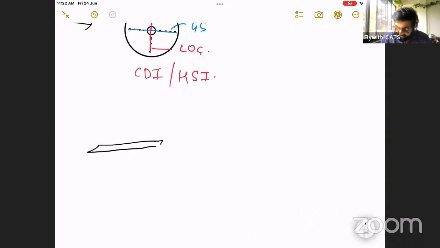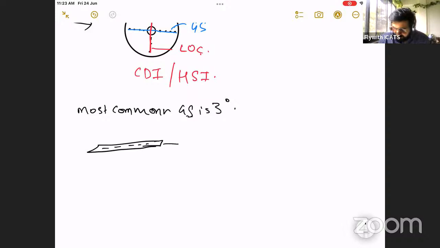If this is my runway, then the glide slope antenna will be fitted with a certain angle, and the most common glide slope angle is 3 degrees. The majority of aerodromes work with a glide slope angle of 3 degrees. So what does it mean?